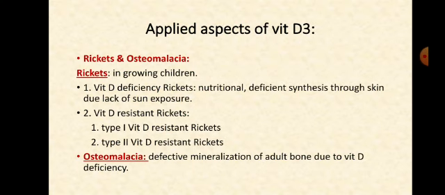Now, rickets in children can be of two different types. Specific types are vitamin D deficiency rickets, type 1. In vitamin D deficiency rickets, the deficiency may be nutritional and may be deficient synthesis through the skin due to lack of sun exposure.